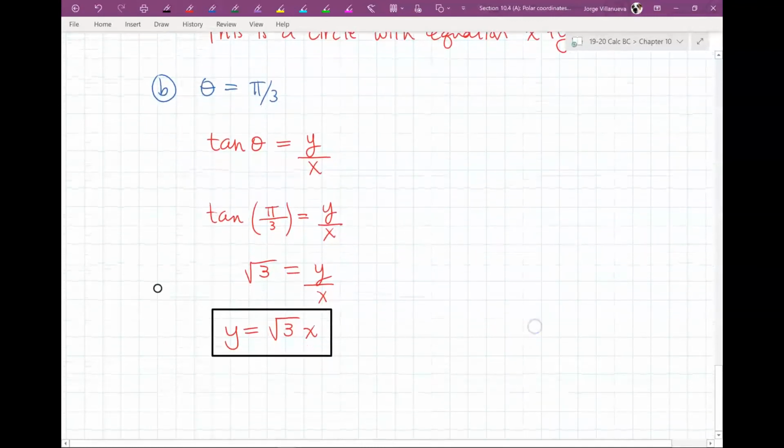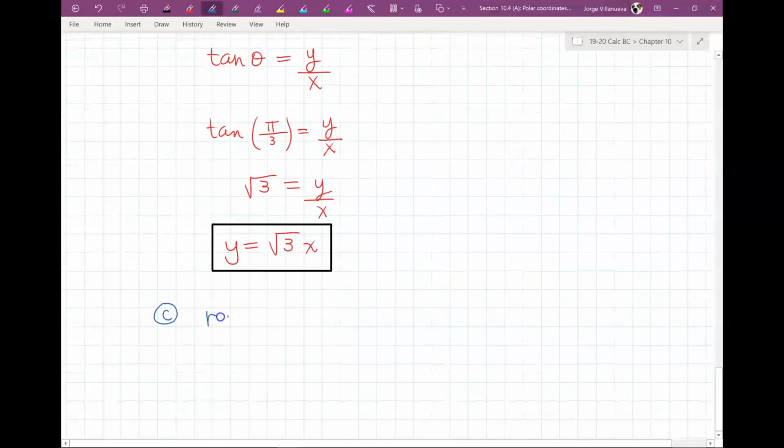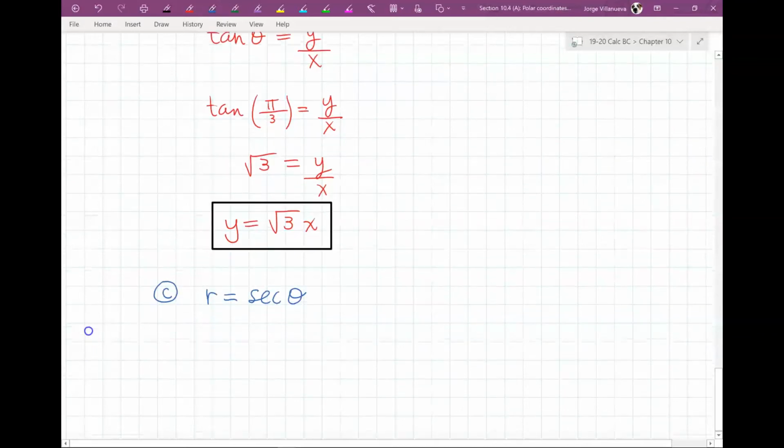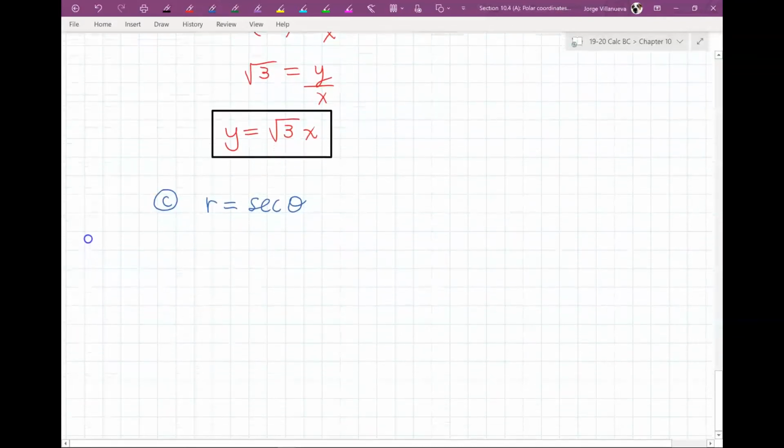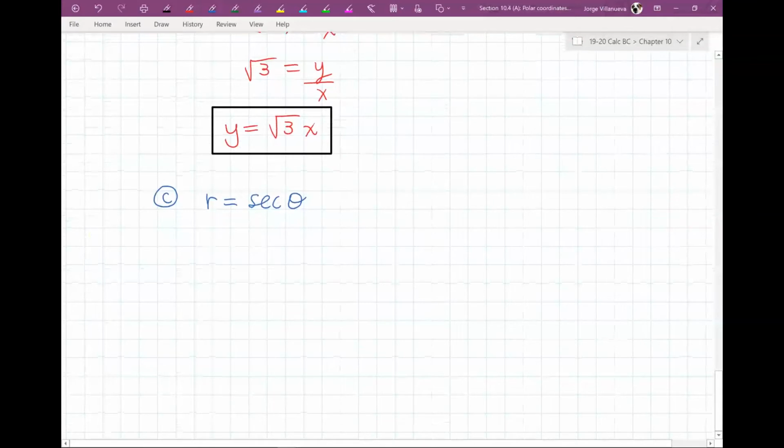All right, so this next one, it is easy, but it's tricky. Okay? It is tricky, so let me write this down for you. So think about this. Okay, r equals secant of theta. What does your gut tell you to do?